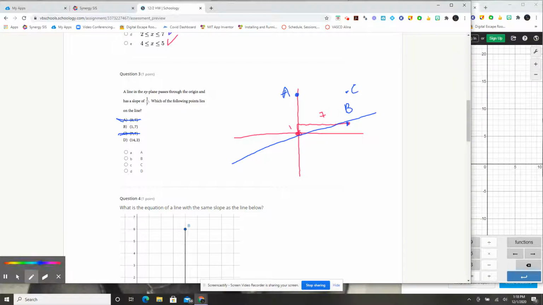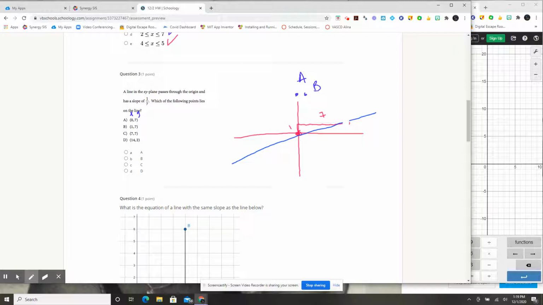Oh, you know what I did wrong? I'm doing slope here, ladies and gentlemen. You can't do that. Let's fix that. This is my X and this is my Y. So 0, I don't go anywhere right and left, and I go up to 7. So that one was okay. I don't know why I'm second guessing myself. 1, 7 is right 1, up 7.